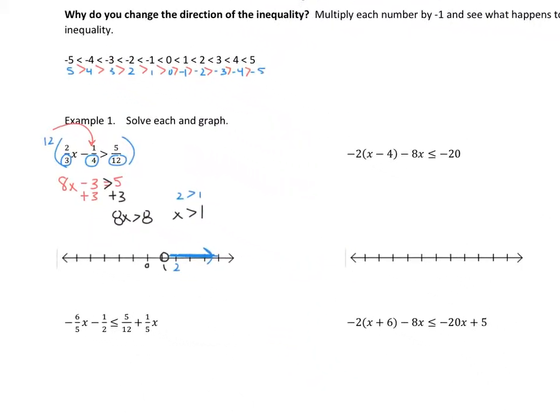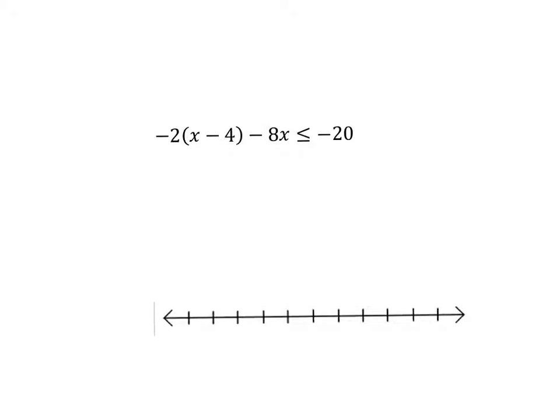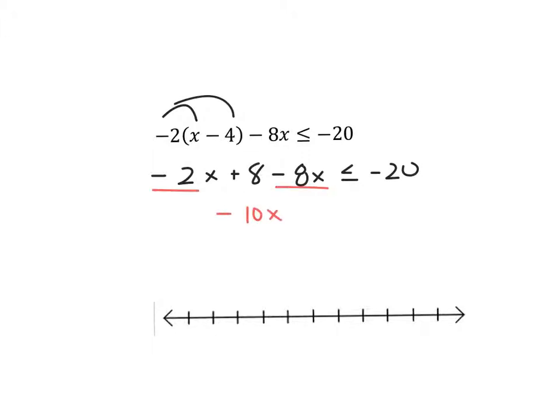Okay, second example. So I'm going to use the distributive property here. So -2x plus 8 minus 8x less than or equal to -20. So this is going to be -10x plus 8 less than or equal to -20. I'm going to subtract 8 from both sides.